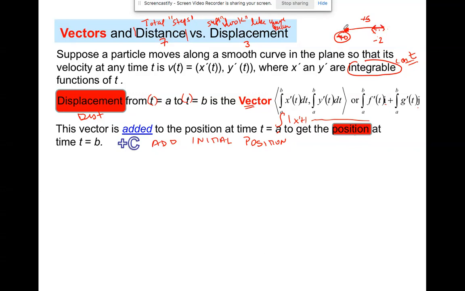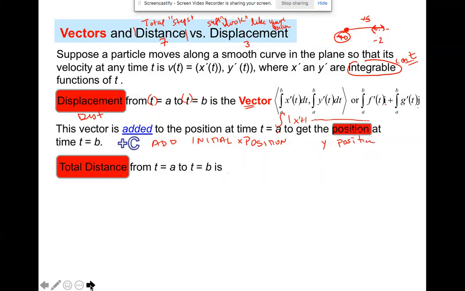If I start at 0, I went to 5 and back to 3. So your initial position matters: add your initial x position to the x component and your initial y position to the y component if they ask you for position, not just distance or displacement.